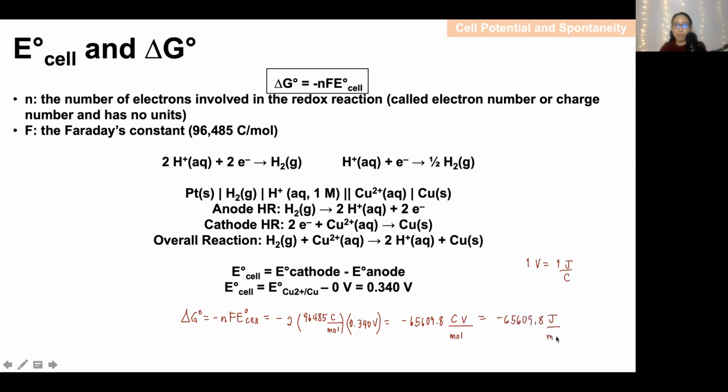And of course, this should be in joules because we are considering a thermodynamic quantity. So we get negative 65,609.8 joules per mole. This is for this reaction. And if you recall, in our discussion of thermodynamics, it is also possible for us to divide this equation by 2, and we get this balanced reaction.